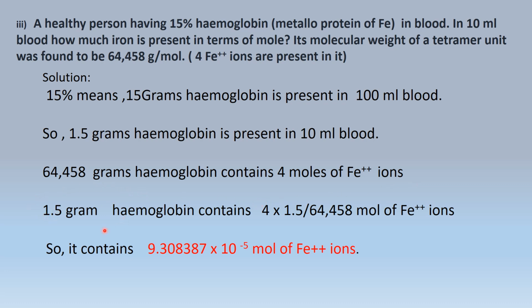So 1.5 gram hemoglobin contains 4 into 1.5 divided by 64,458 mole of ferrous ion. So it contains 9.308387 into 10 to the power minus 5 mole of ferrous ion.